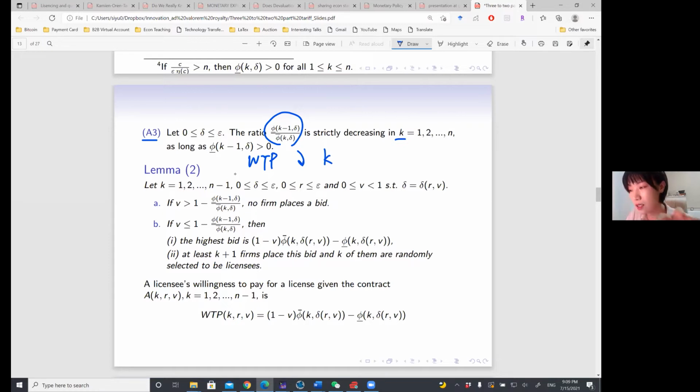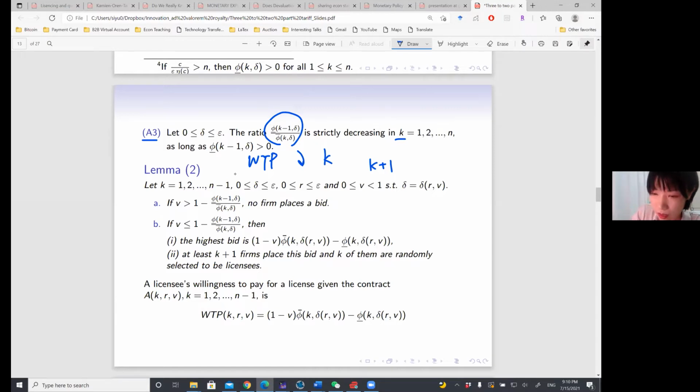If you see a lot of players are already licensees, you don't want to pay much for licenses. And this can guarantee that if the innovator puts K licenses on auction, at least K plus 1 will place a bid.